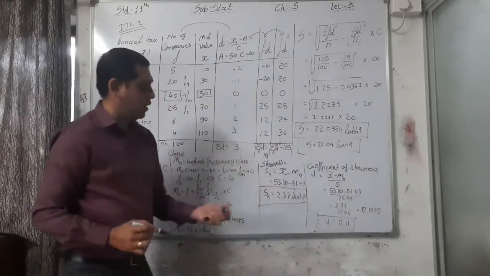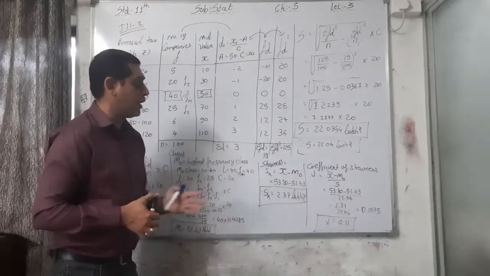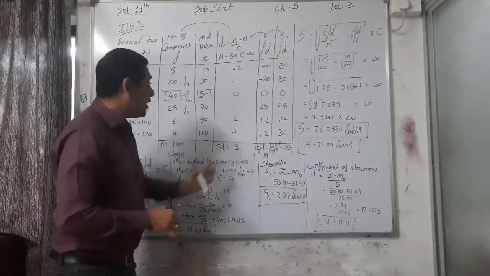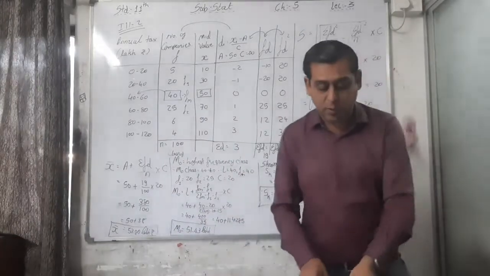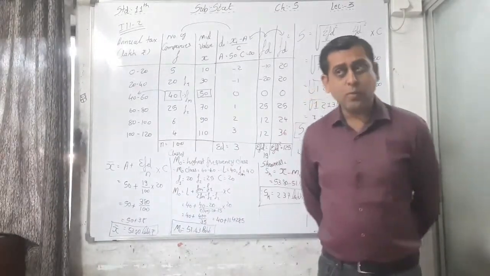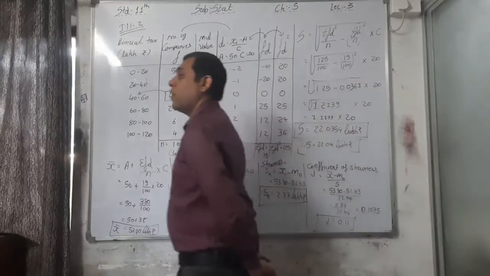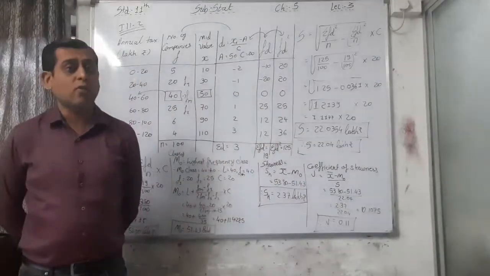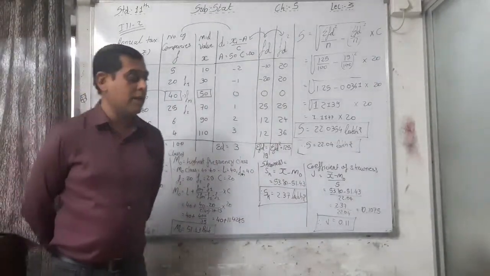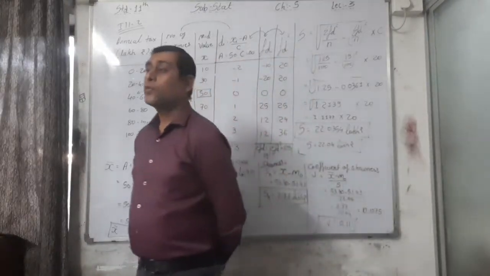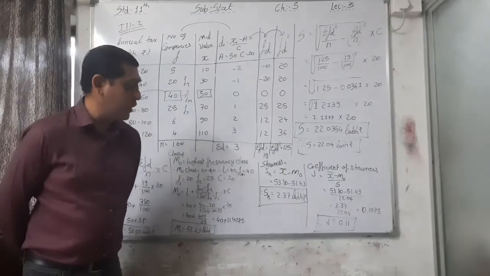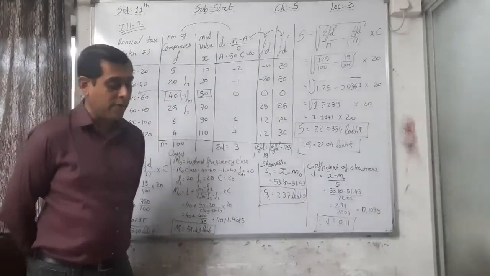That's why here in the answer we don't have to write down lakh rupees. In each and every absolute answer we have to write the lakh rupees, but whenever it is a relative measure, that means whenever we find the coefficient of skewness, we don't have to write the unit, lakh rupees. So your answer is only J is equal to 0.11.